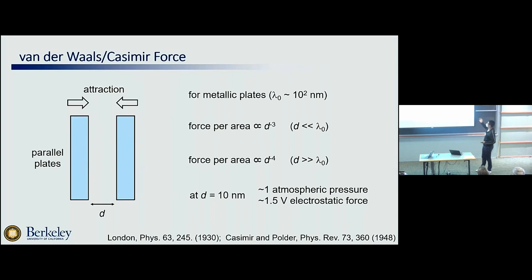One is called the Van der Waals regime, where the separation is below 100 nanometers. And then there's another regime, which we call the Casimir regime. They have different scaling laws, because in the Casimir regime you have to consider retardation and other effects of electromagnetic fields.